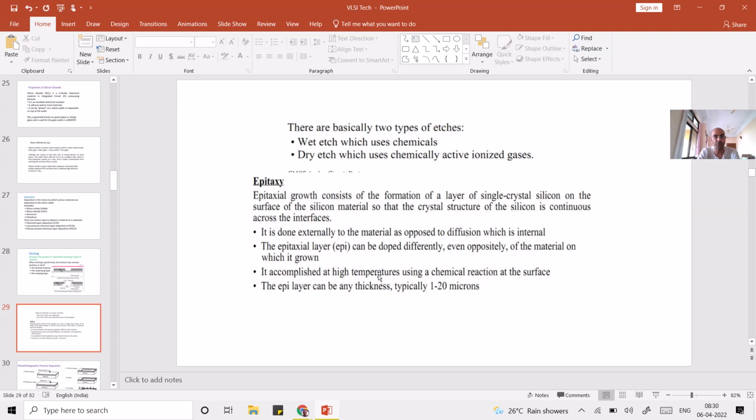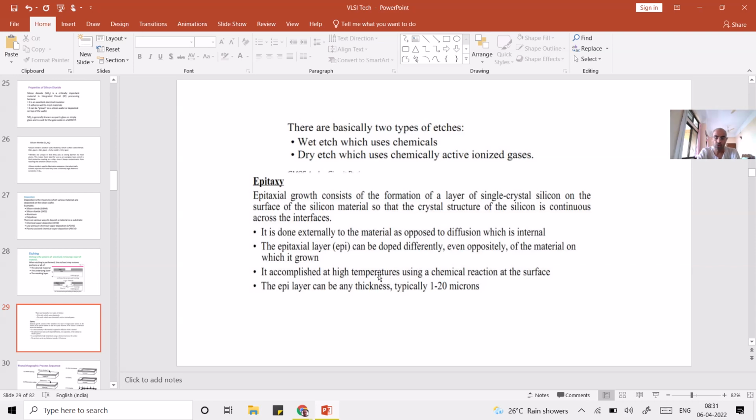For device fabrication and for controlling the doping concentration in various regions, to have good performance of the device, you want very precise control of the top layer. So this epitaxial layer is grown for that purpose.